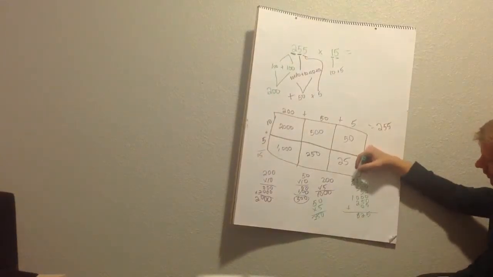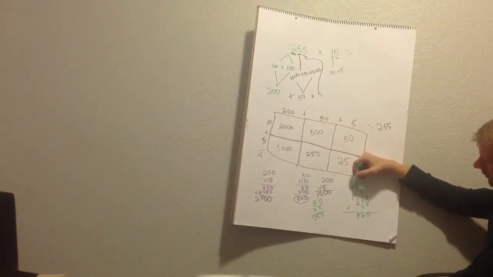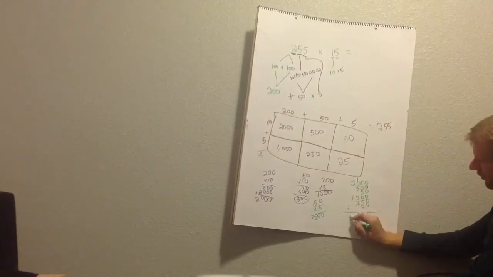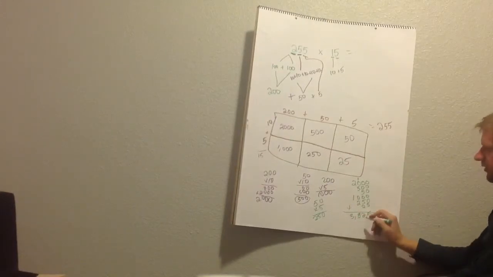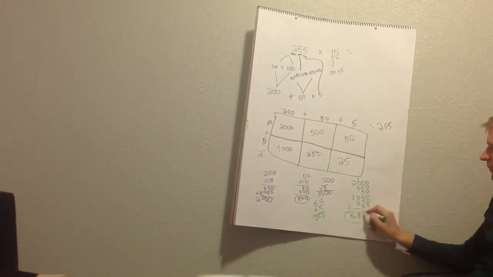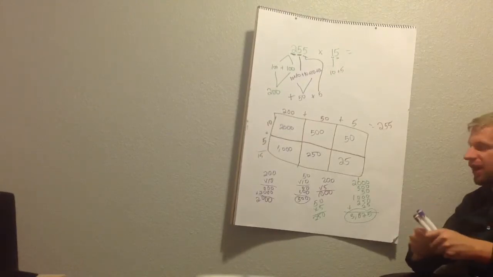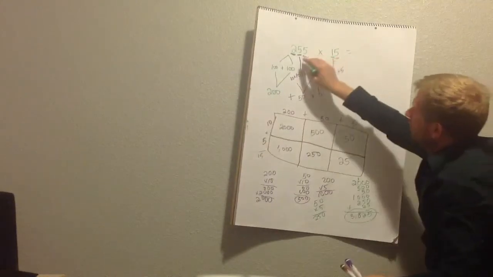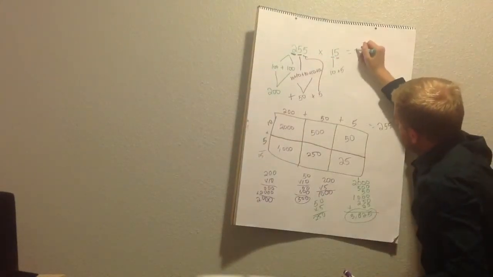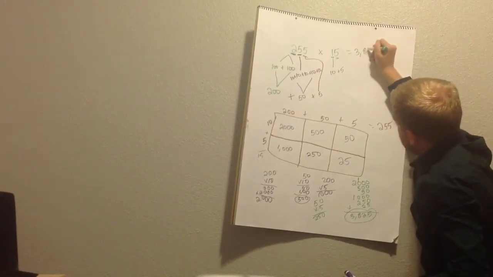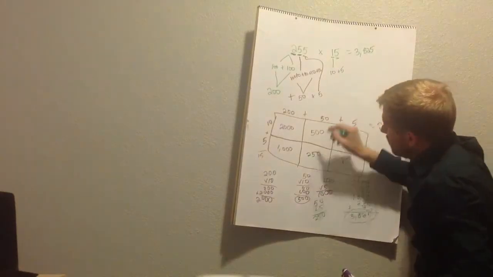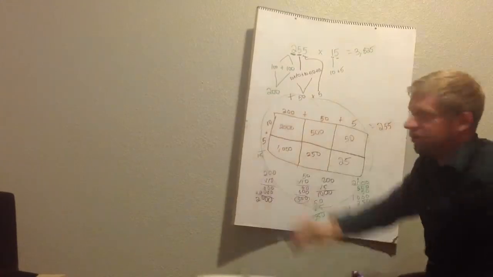Now I move over. 2 plus 1 is 3. So my answer is 3,825. So 255 times 15 equals 3,825. We just did this using the area model.